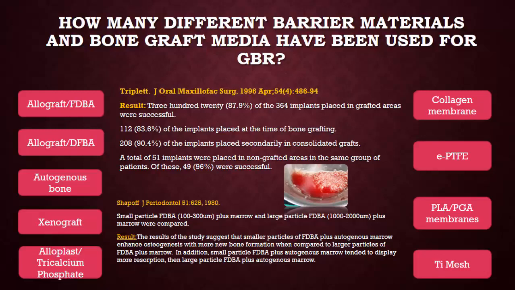If we have a large particle, we will have fewer interparticular spaces, and therefore it doesn't enhance osteogenesis as much as the small particles. But the small particle resorbs faster than the larger particle, and that's why we prefer to use a larger particle in ridge augmentation, to maintain the space for sufficient time until we get bone formation.